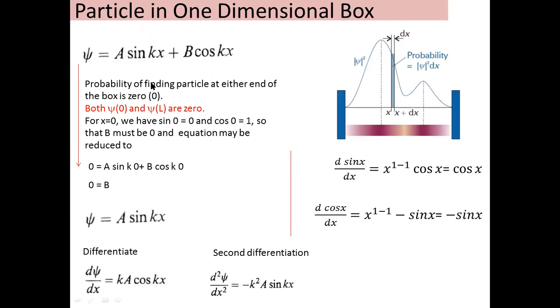Now I'm going to use another alternative explanation, in which we neglect the cos kx and keep the sin kx for the rest of the derivation. We are not going to use the cos, but we are going to use the sine. So here is the explanation.